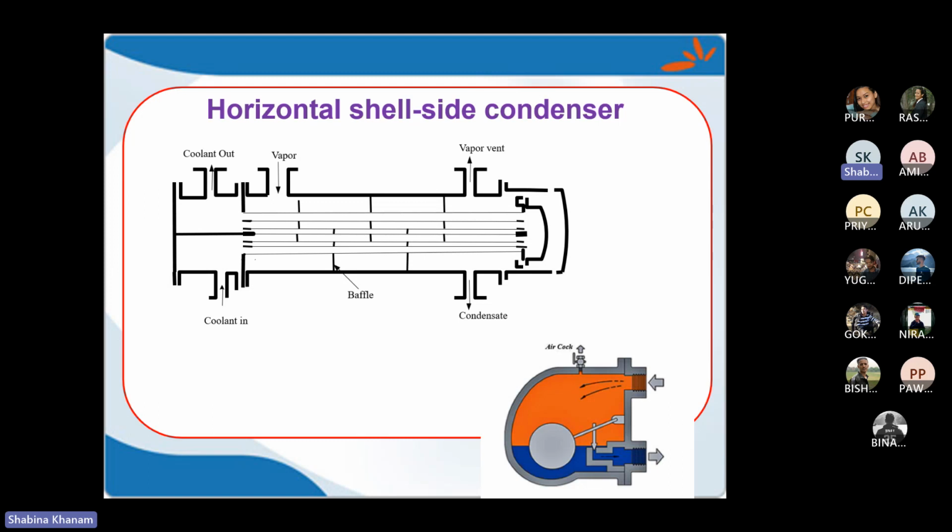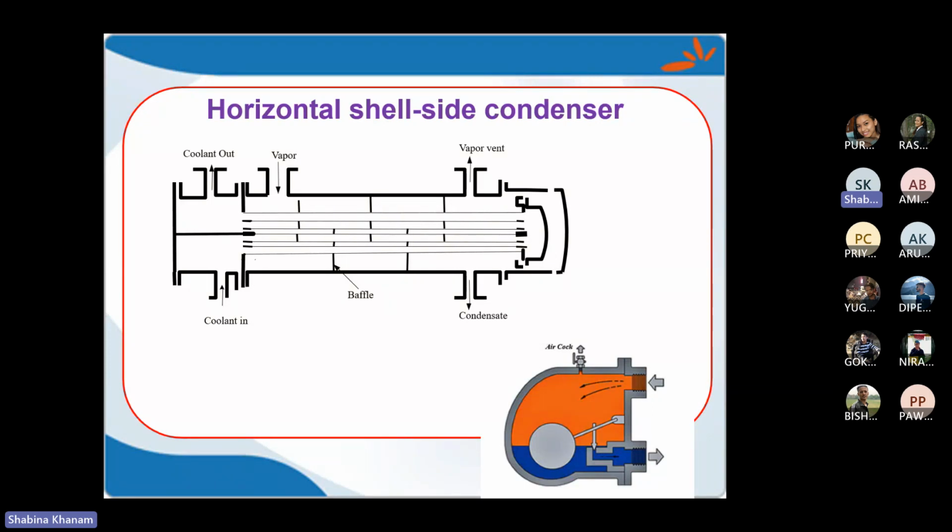Otherwise, condensation is always preferred on the shell side, because the coolant is in most cases water, and it has more fouling tendency than the vapor. So we allow water on the tube side, and if you are dealing with corrosive vapor, then it should be allocated to the tube side, otherwise always shell side. I have already told you the guideline for choosing the orientation and the condensation side, and accordingly you should proceed with the design.